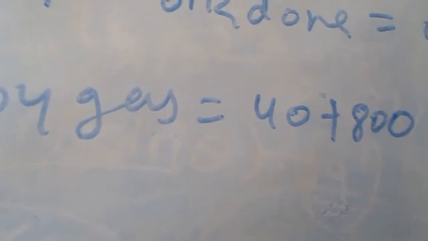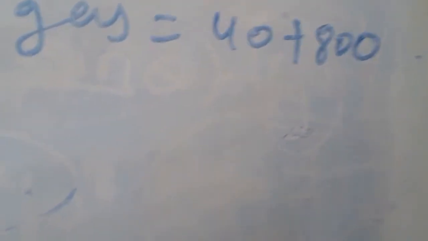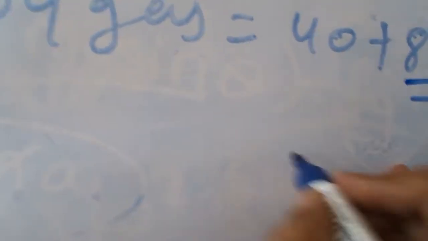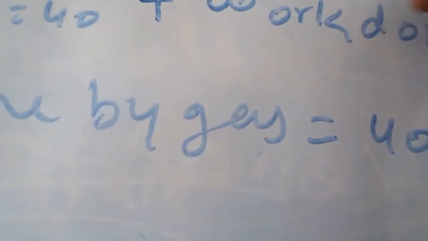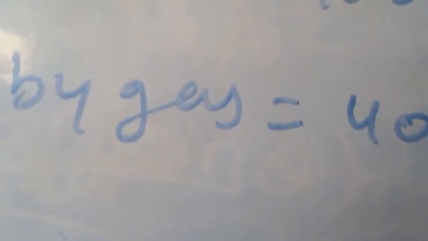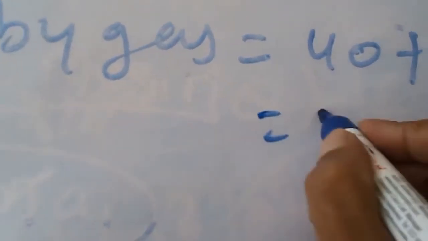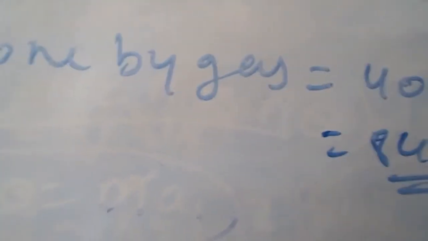It should be 800. So 40 plus 800. It should not be 80, this should be 40, 10 to the power minus 3. Yeah, this becomes 800. So it becomes 840. Okay guys, this becomes 840.